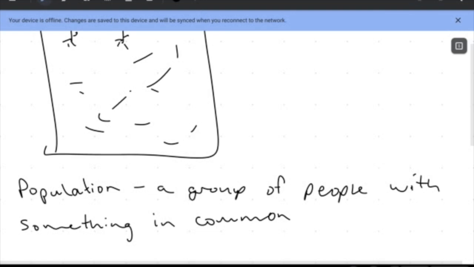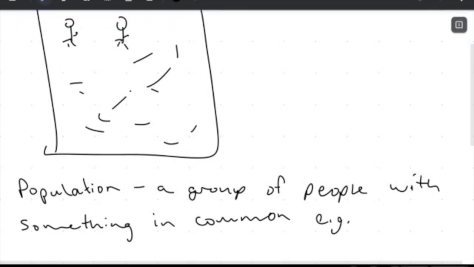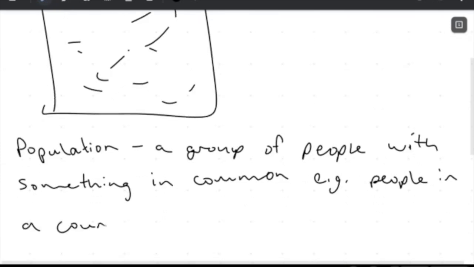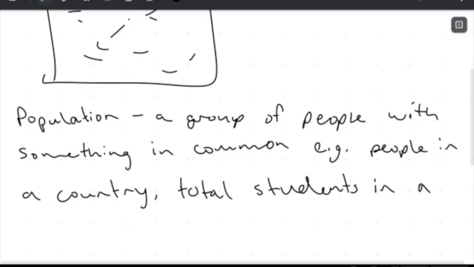Okay, so examples of this can include, for example, all the people in a country. A population can also be, for example, total students in a school.